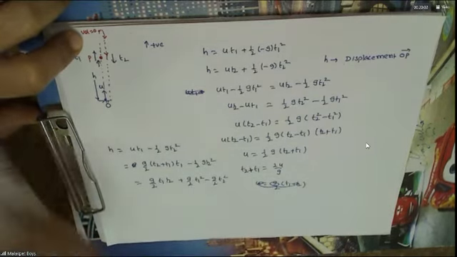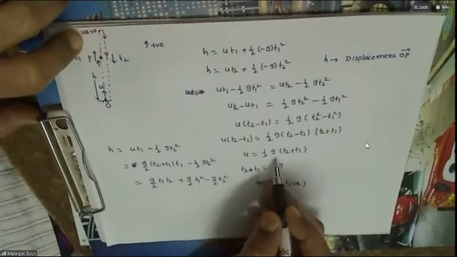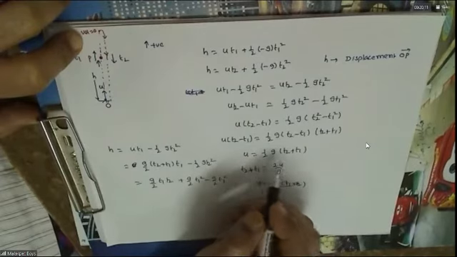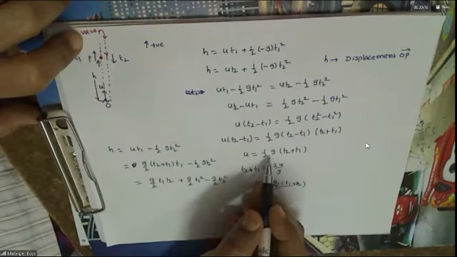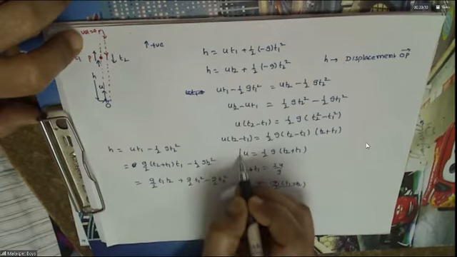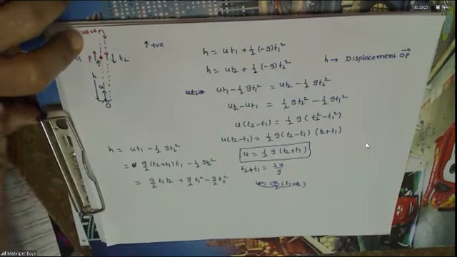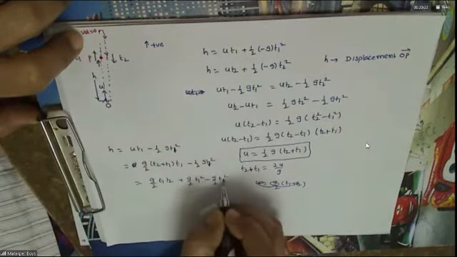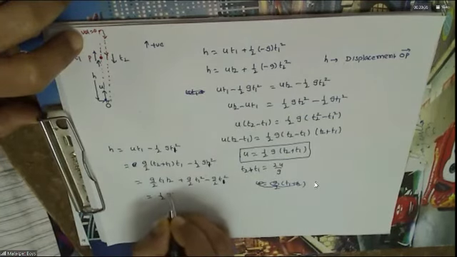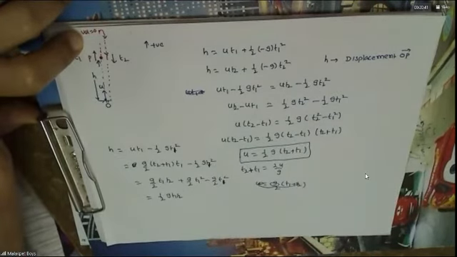Sir, how you got U as G by 2? This one, you substitute initial velocity as G, this velocity. Yes, sir. That only I substitute. Okay, okay, in error I have done. Yes, I got it. So what is it? You have half G. Understood this?